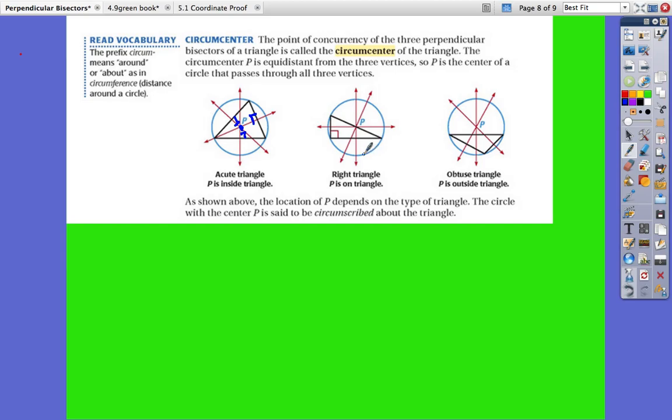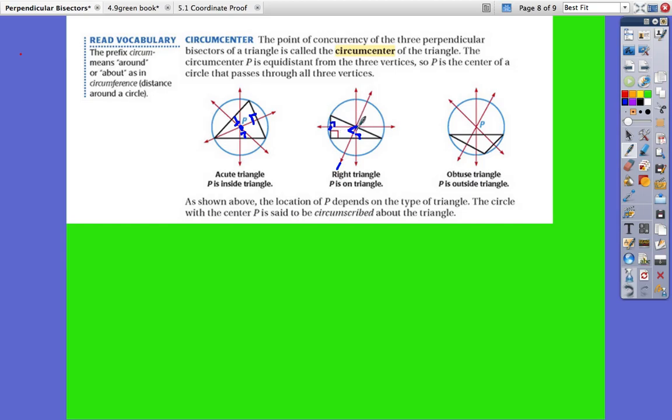Now here we have a right triangle. If we draw perpendicular bisectors, this is the midpoint, so there's a perpendicular bisector right here. It forms a 90 degree angle. From this side, this is the midpoint, so this is the perpendicular bisector, forms 90 degrees. And on this side, this is the perpendicular bisector, forms a 90 degree angle.